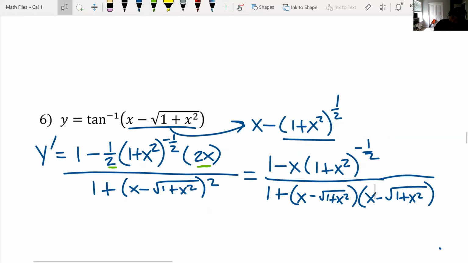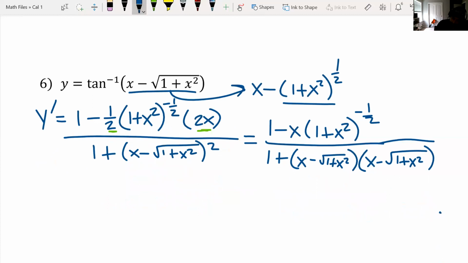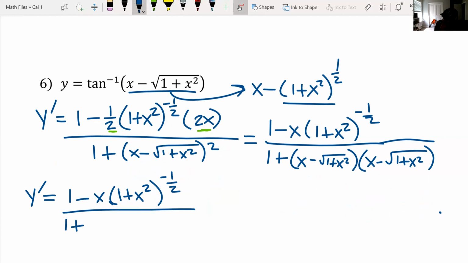And then, still going, y prime equals (1 minus x) times (1 plus x squared) to the negative 1/2, all over 1 plus, if I FOIL this out, I get x squared minus x minus x minus 2x square root of 1 plus x squared plus 1 plus x squared.